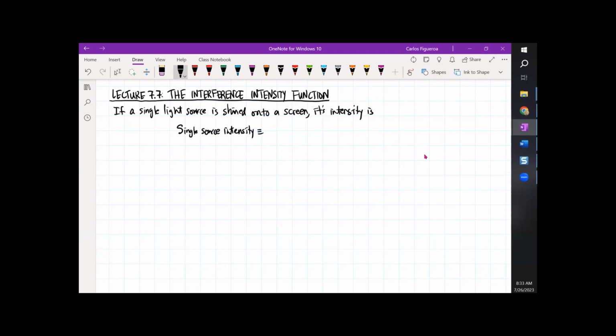I'm going to define this as I naught, and this is equal to the amplitude squared. So for the electric field, it's going to be the electric field squared.